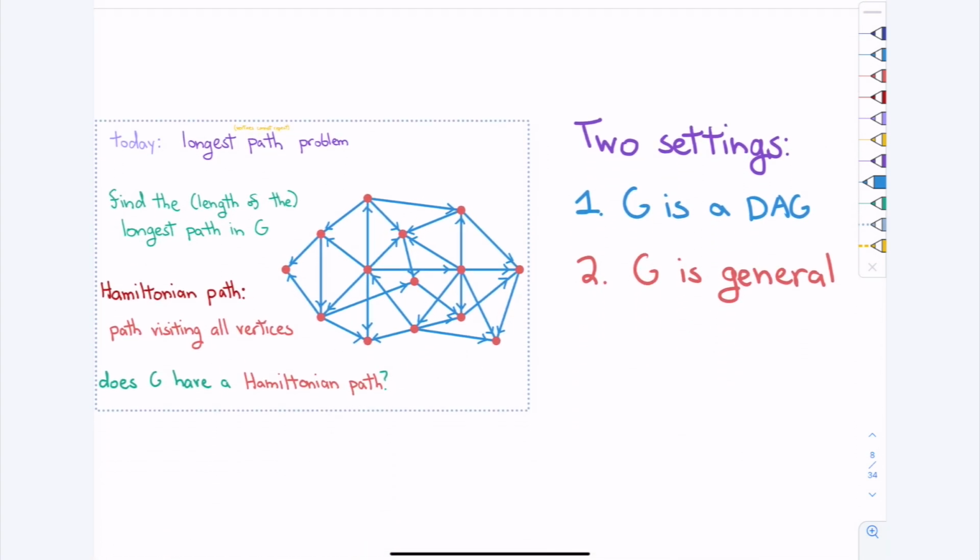All right, so that addresses the first setting. That turned out to be not only polynomial time, but it took linear time, which is about as good as I can expect. Now we'll move on to the general case, in general graphs.